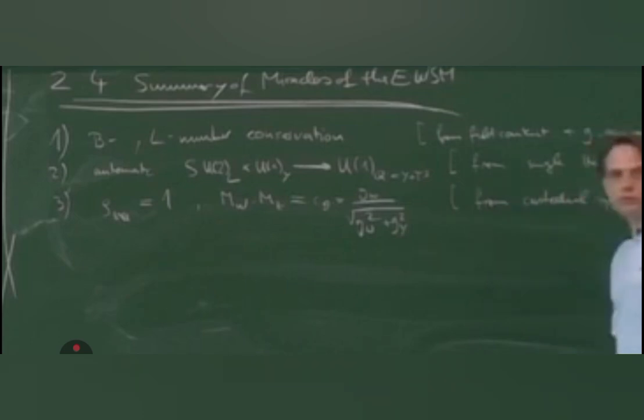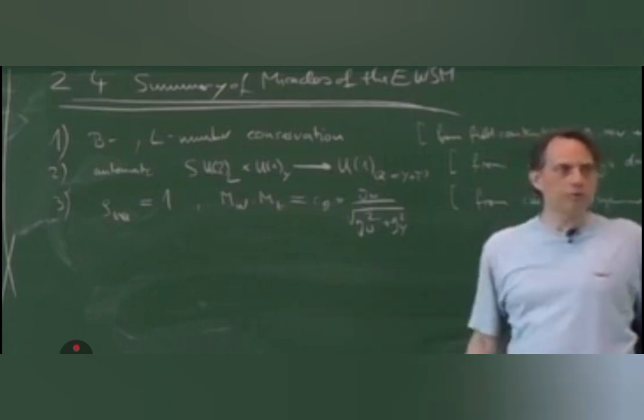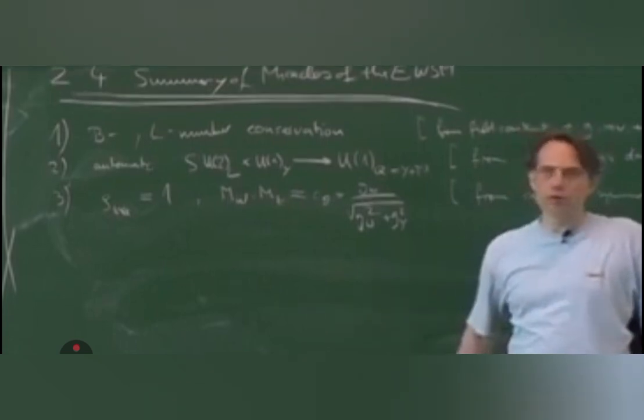The symmetry the standard model has on top of gauge invariance, namely an approximate SU(2) left cross SU(2) right, which is spontaneously broken to an SU(2) custodial in the vacuum.